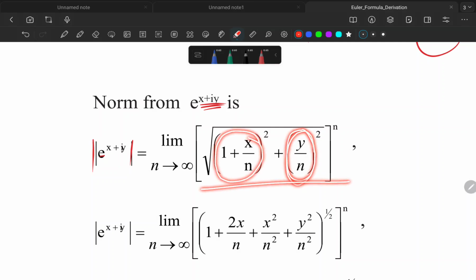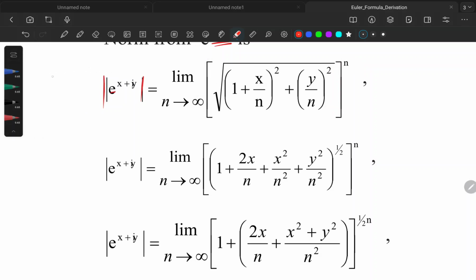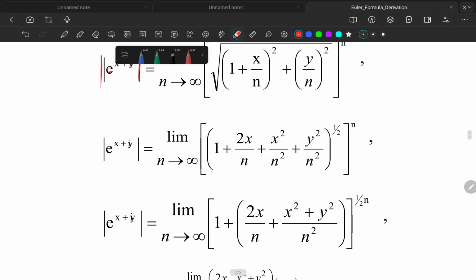So it's the square root of the square of the real part plus the square of the imaginary part. And we had n in the power as earlier. Let me just fix it. Okay, yeah, so he just solved it out.